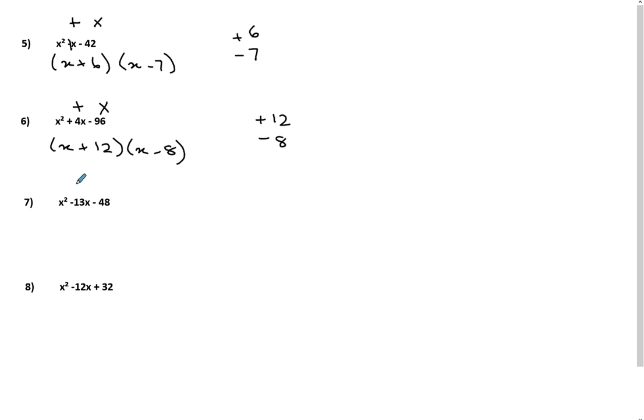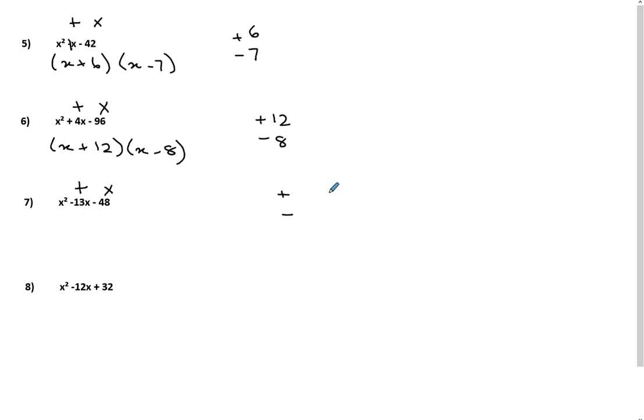Over here, you've got two numbers that add to give minus 13, multiply to give minus 48. So you know one's a positive and one's a negative. Now with a positive and negative, again, as I said, if the difference is small, think of your times tables.